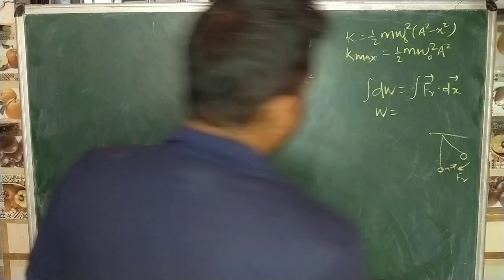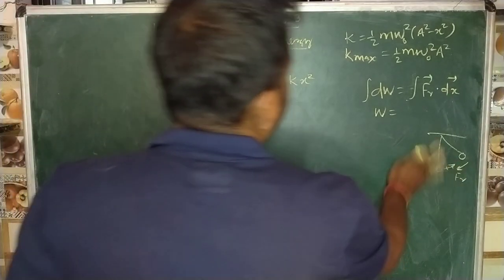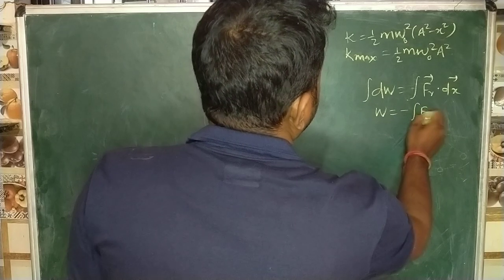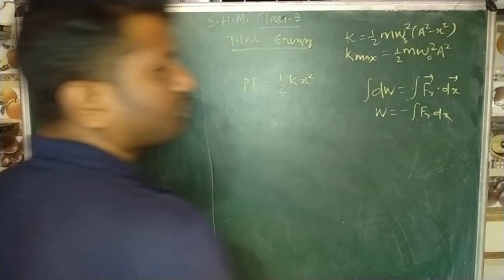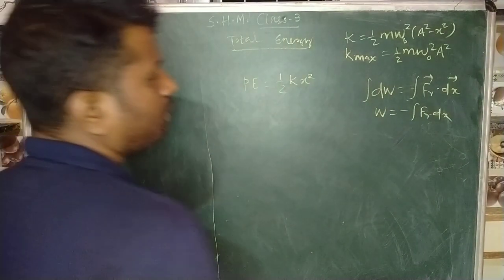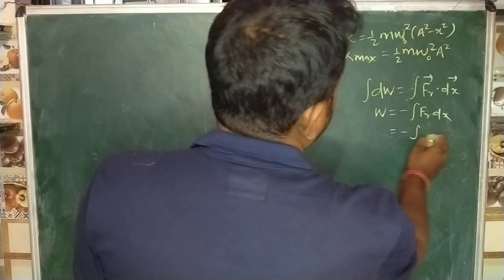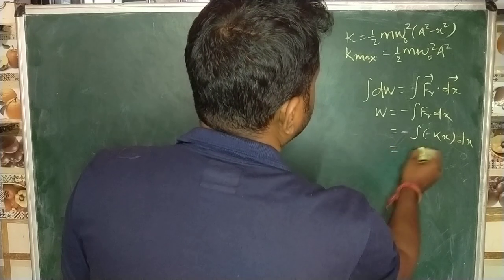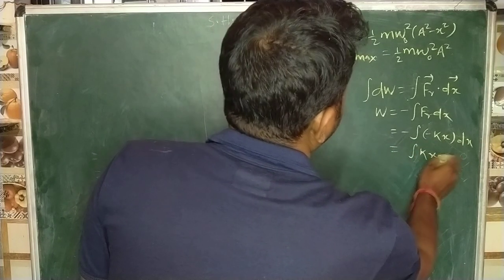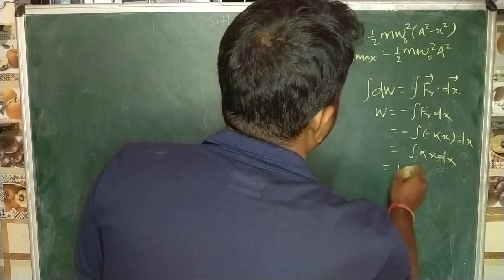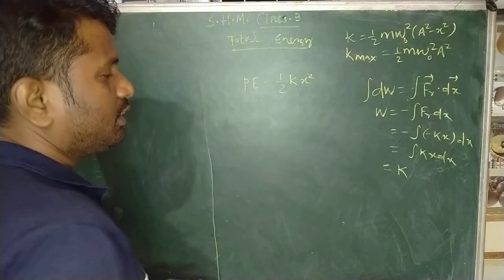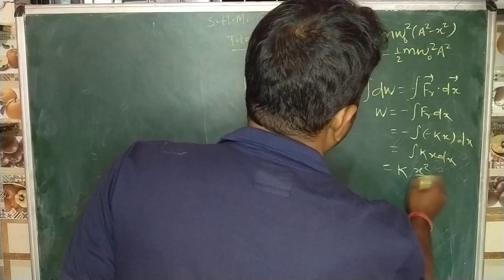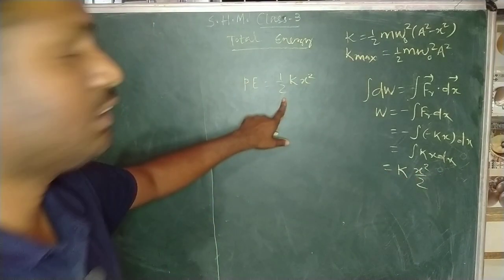A very small dx. So the angle is 180 degrees. So F_r dx cos 180, cos 180 is minus 1, so minus F_r dx. F_r value is minus kx, and dx. So minus 1 times minus is plus, and the integration of kx dx. k is constant, k brought outside, integration of x dx is x square by 2. So it is half kx square. This is the formula.